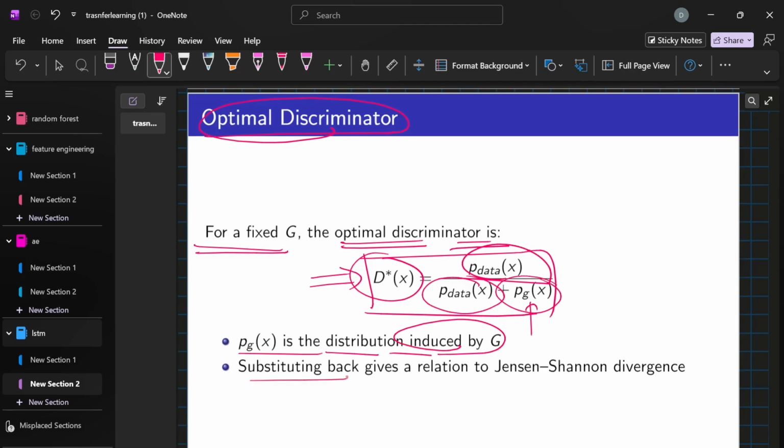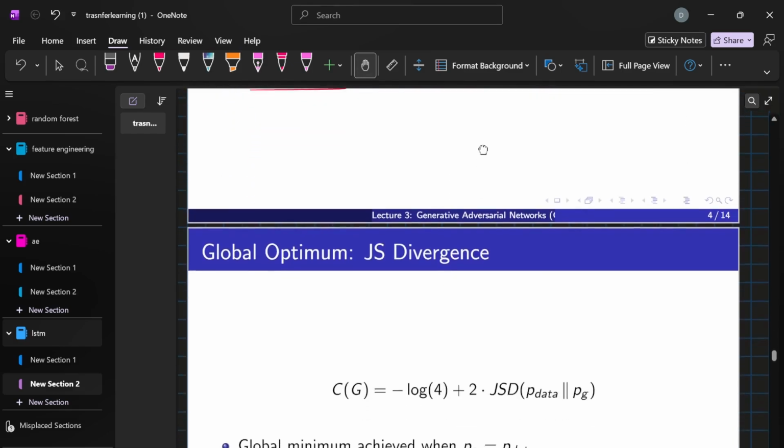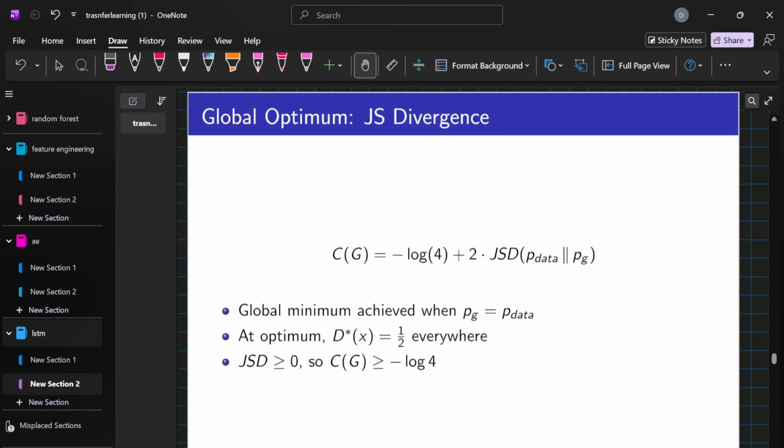This makes intuitive sense. If real data is way more likely at some point x than fake data, the discriminator should output a value close to 1 there, and vice versa. This formula is a bridge to a much deeper theoretical result.